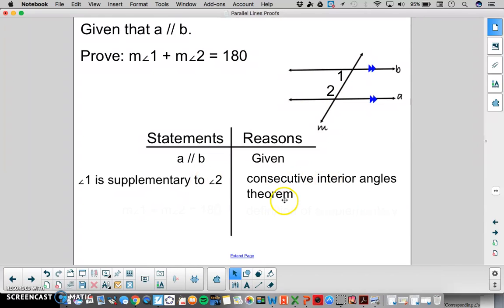So the consecutive interior angles theorem says that 1 is supplementary to 2. Well, what does it mean to be supplementary? Being supplementary means those angle measures add up to 180 degrees. So that's our reason in our proof, the definition of supplementary.